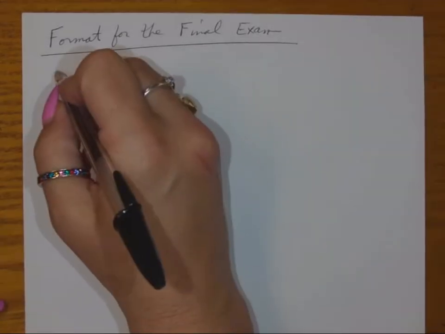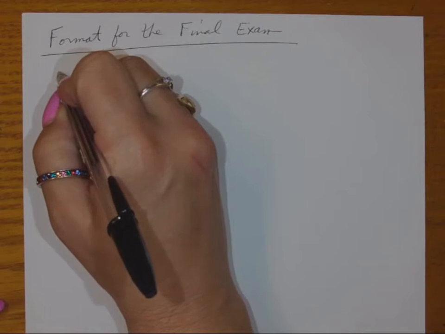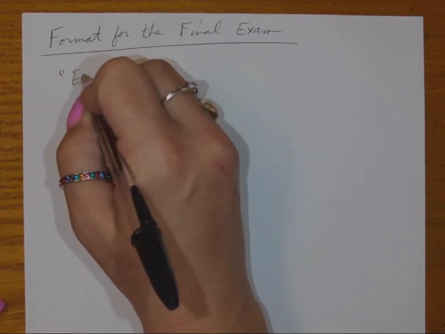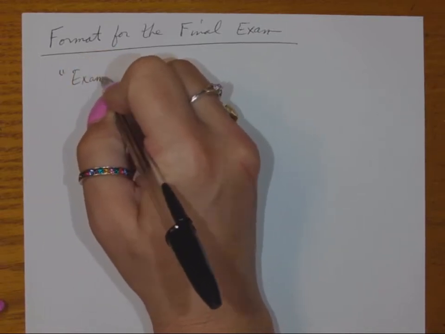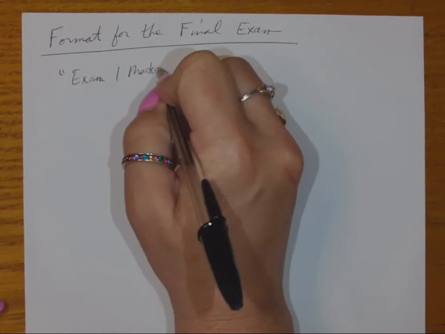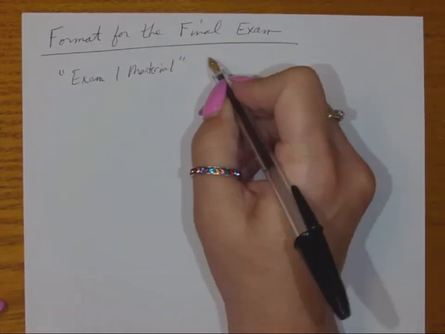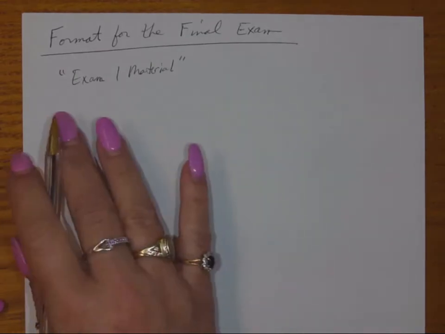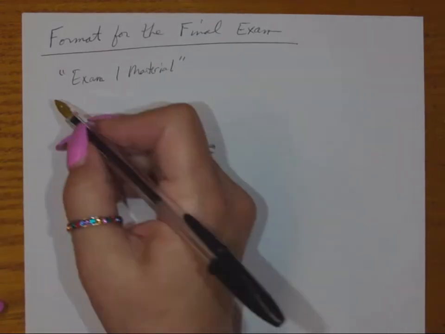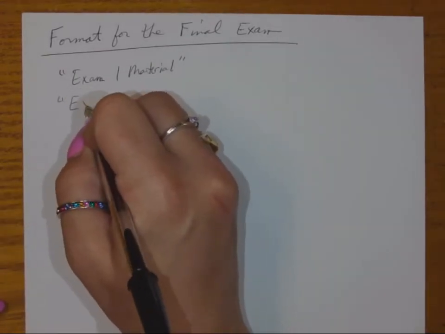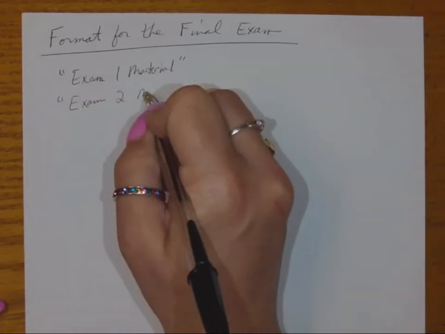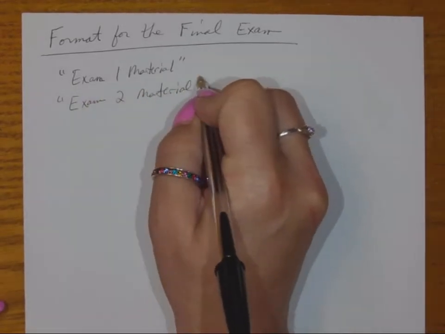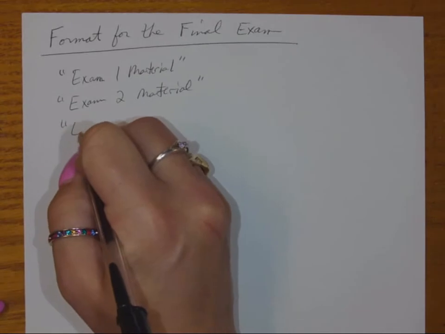For instance, it will say exam 1 material. Okay, and there'll be questions 1, 2, however many questions there are, but all of that is exam 1 material. And then it'll say exam 2 material, and so on and so forth, however many exams you have in your course.